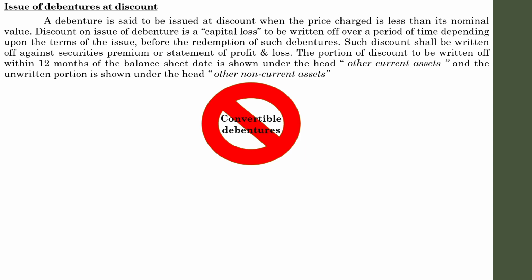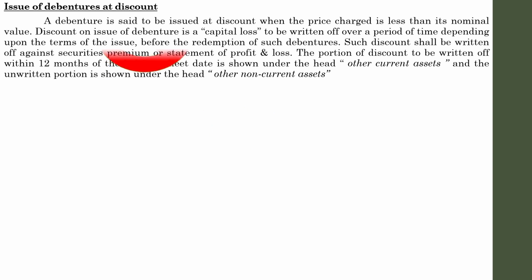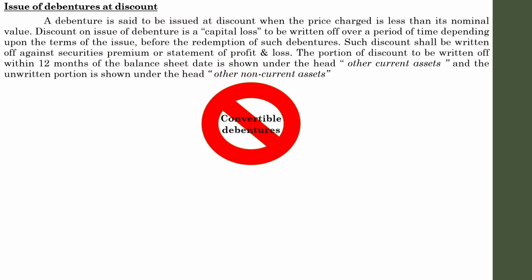And another important point, convertible debentures cannot be issued at a discount. No such issue at discount is allowable in the case of a convertible debenture, even if it is converted immediately. So remember that concept.